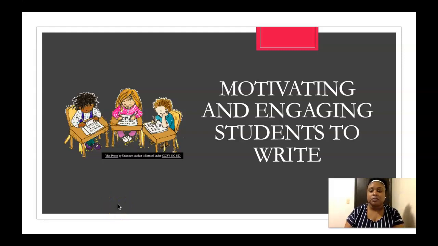You can do something as simple as finding a special place in your classroom to showcase all of that great work that your students are doing. Or if you want to give that student more praise, you can even do something as simple as inviting other adults within your school to see all of the great work that your students are doing.